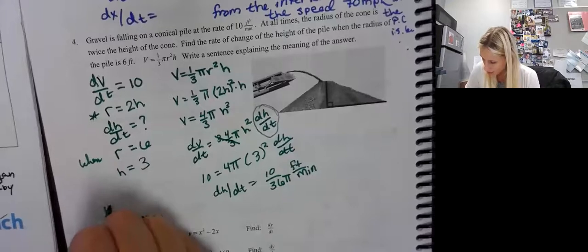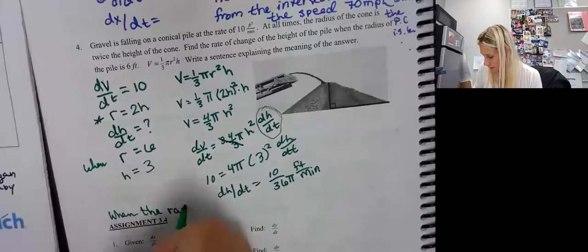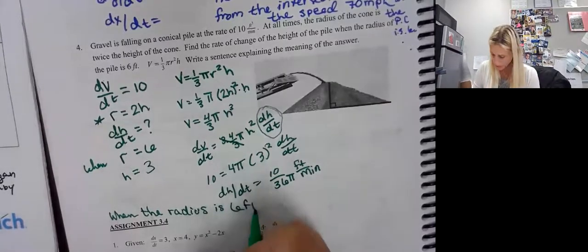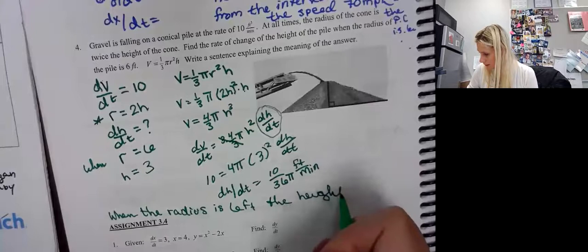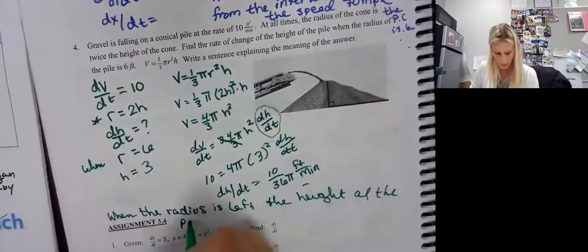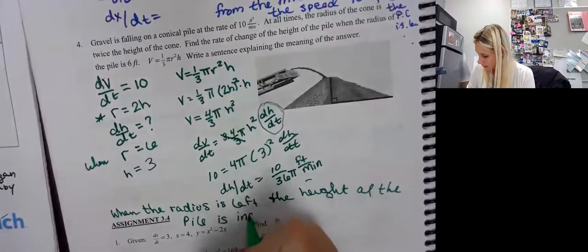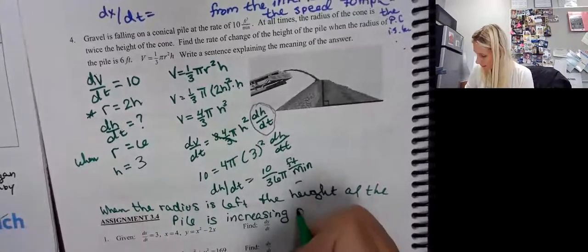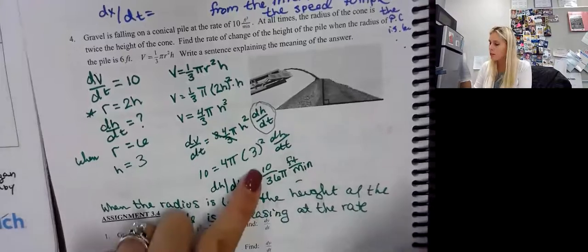So when the radius is 6 feet, the height of the pile is, this is positive, so I'm going to say increasing at the rate, and then you can reduce this, but you don't have to.